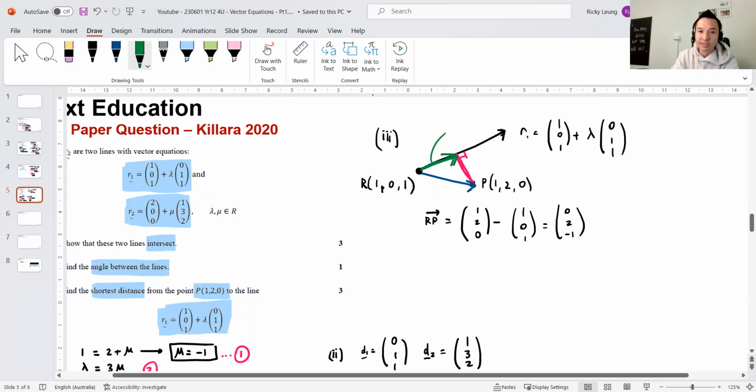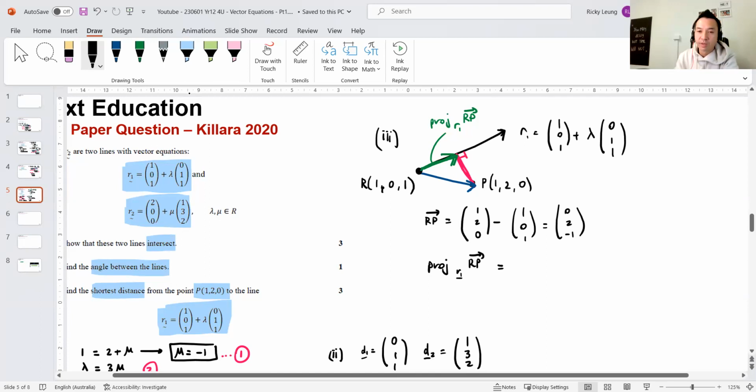This guy is the projection of RP onto R1. So let's find that: the projection of RP onto R1.